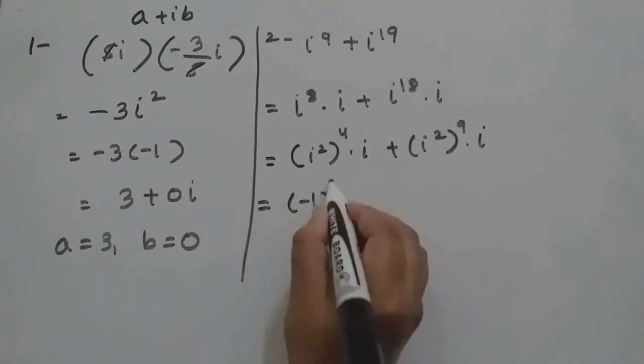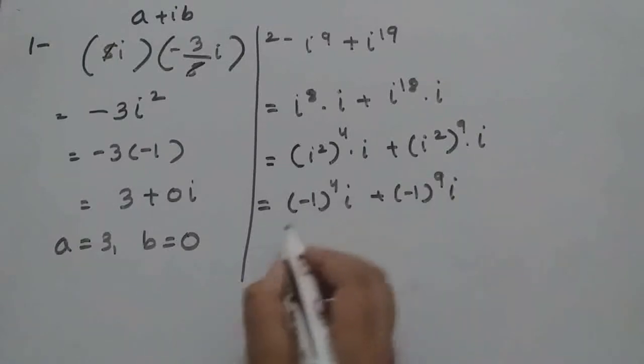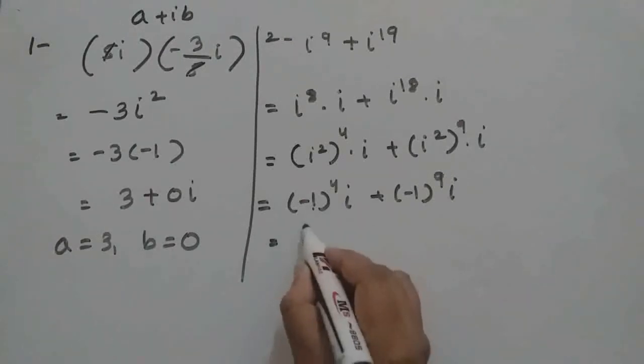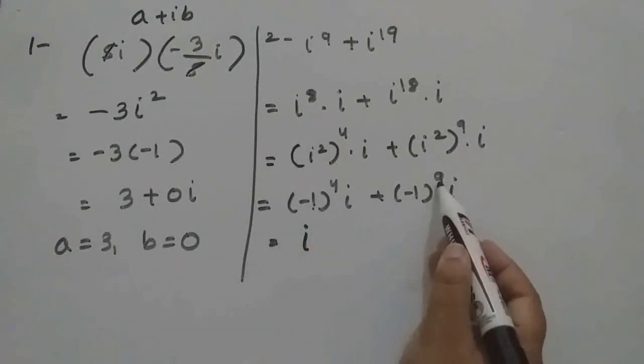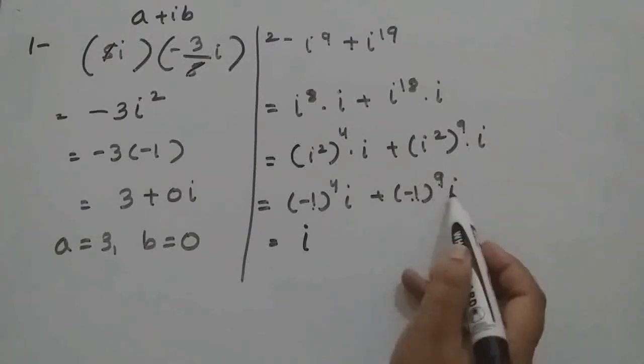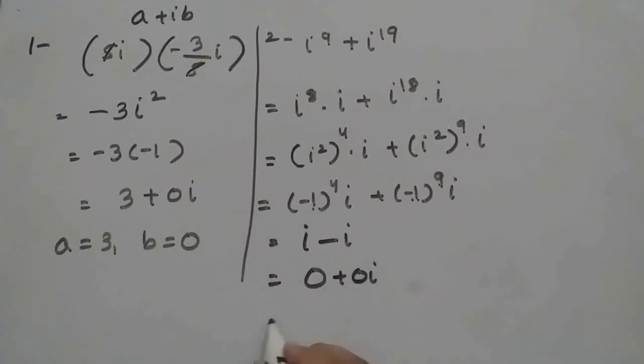So minus 1 power 4 into i, minus 1 power 9 into i. So even power, so this will give positive answer. So 1 into i means i. Here odd power, so this will give minus. Okay. So minus 1 into i is minus i. i minus i is 0. So 0 plus 0i we can write. So a is 0, b is also 0.